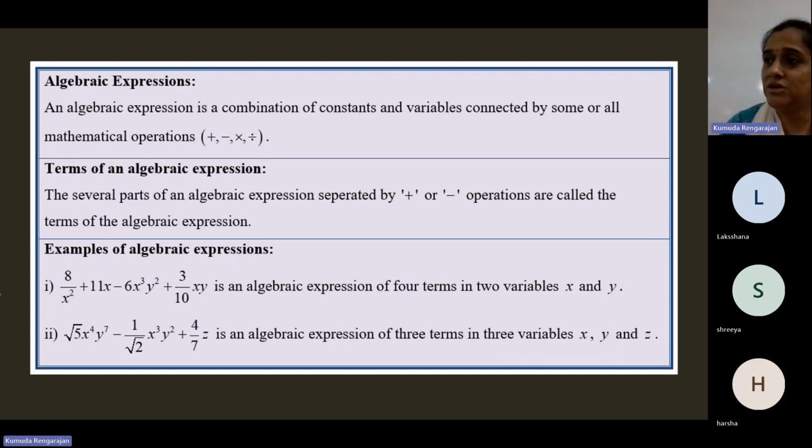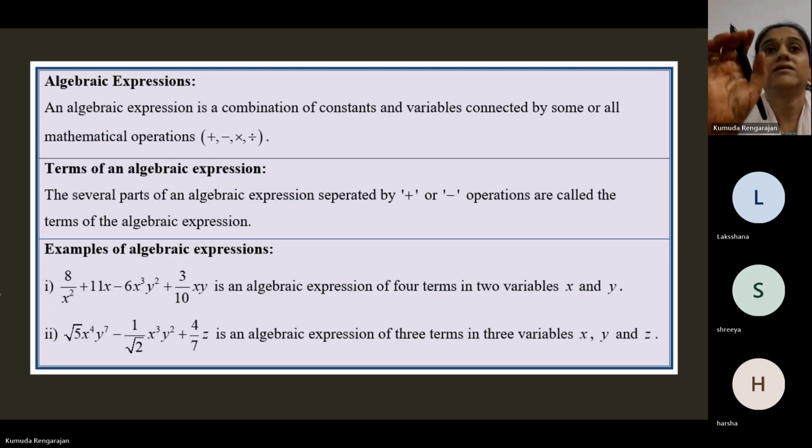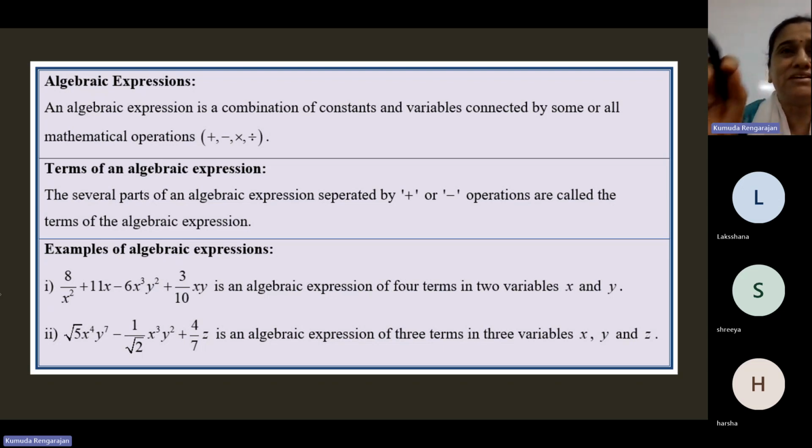The algebraic expression may have one term, two terms, three terms, many terms. So in the algebraic expression, if a term has a variable, look at the power of the variable.